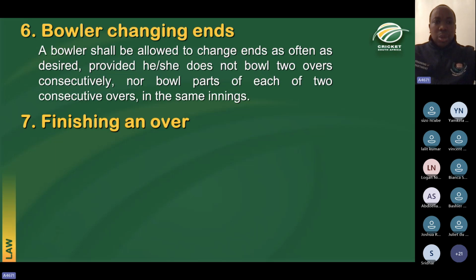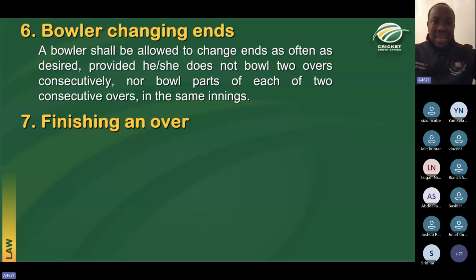He cannot bowl the next over that will be bowled from the other end. A different bowler will have to bowl from the Kelvin Grove end, which is the north end at Newlands. The Wynberg end is the south end at Newlands.